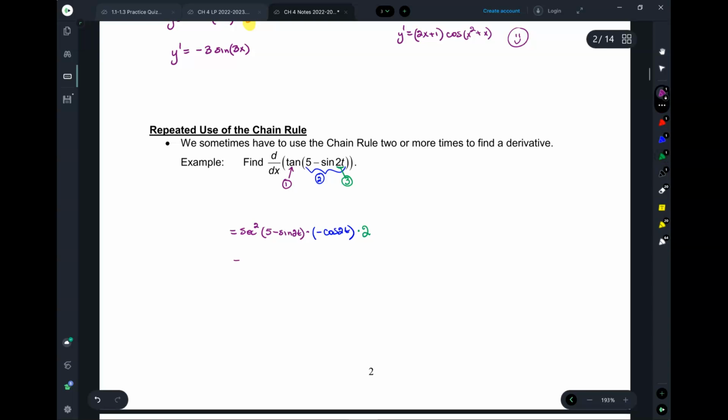So finally, this negative and this 2 will move forward: negative 2 secant squared of 5 minus sine 2t times cosine 2t. Okay, there we have it.